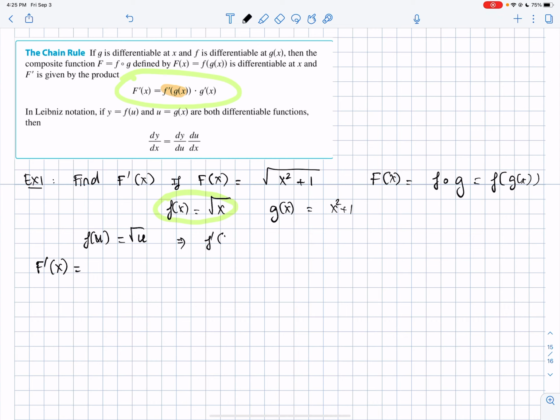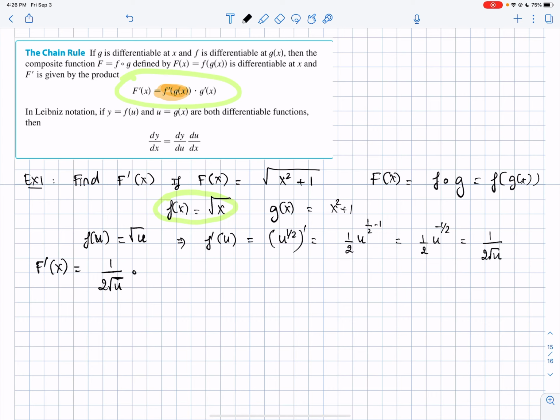The first derivative of f of u: this is the same thing as u to the 1/2, and it is equal to 1/2 u, and the exponent will decrease by one step, so we get 1/2 minus 1, which is u to the negative 1/2, or this is the same as 1 over 2 square root of u. And we're going to write down the orange part. The orange part is 1 over 2 square root of u.